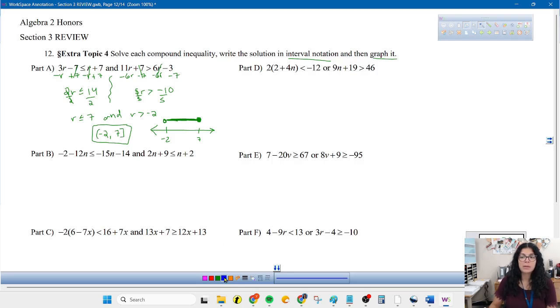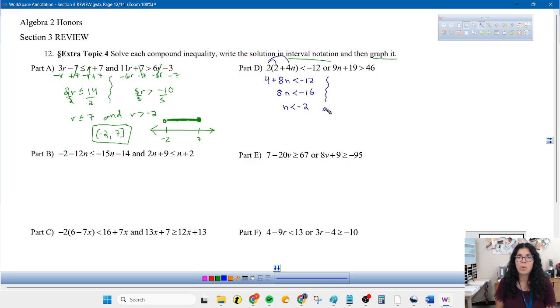Okay, next let's go ahead and do part D. On part D again, I'm going to start by solving the inequality on the left. So that gives me 4 plus 8n is less than -12. Subtract 4 on both sides, get 8n is less than -16. Divide by 8, we get n is less than -2.